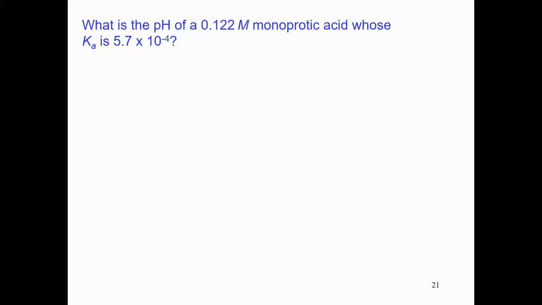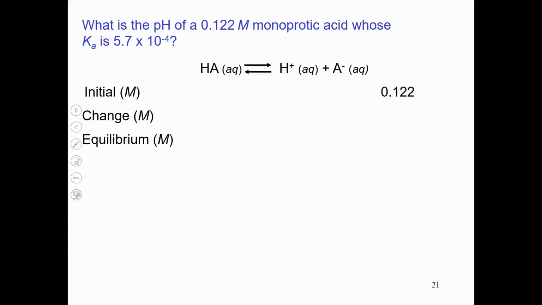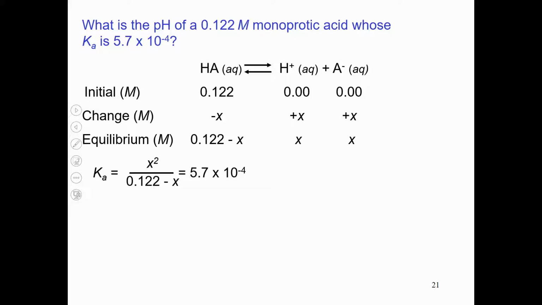So if it's more than 5%, we have to do the quadratic. If it's over 5%, then the assumption is that you need to do the quadratic. Hopefully you guys are getting at least this far.